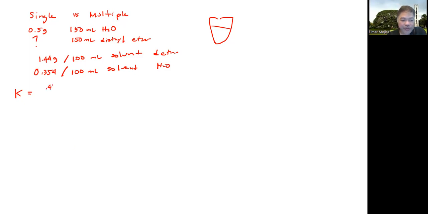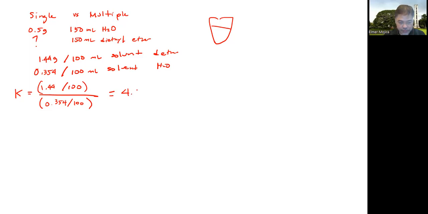So that's 1.44 divided by 100, over 0.354 over 100, and this equals 4.07.